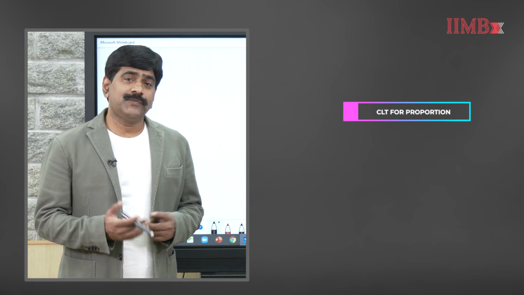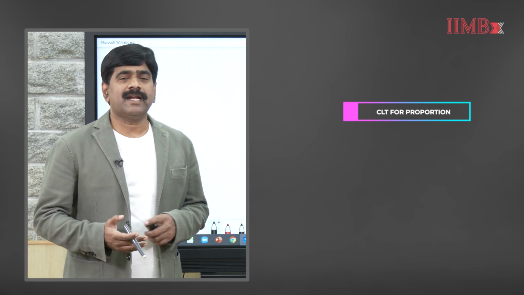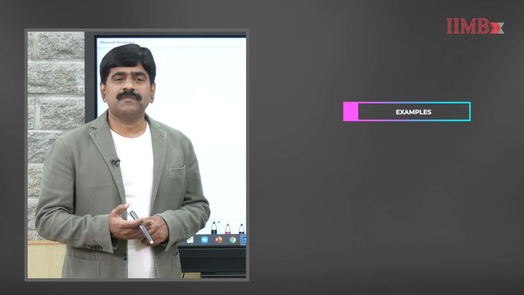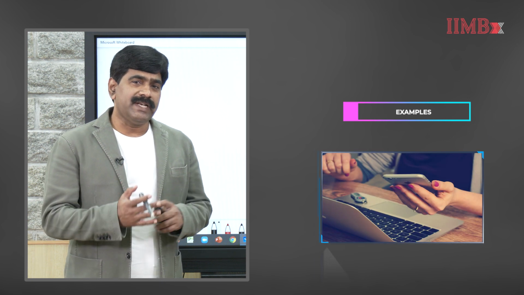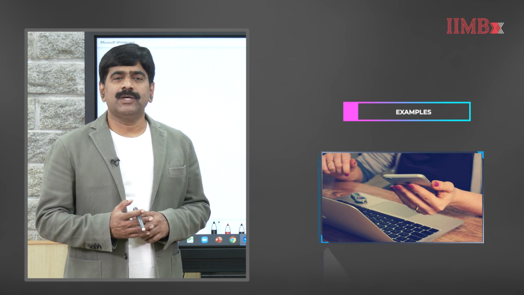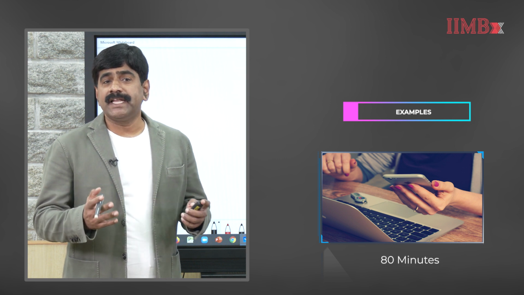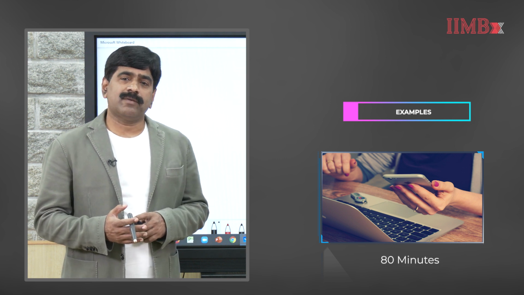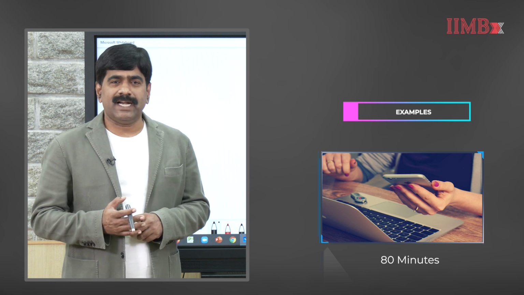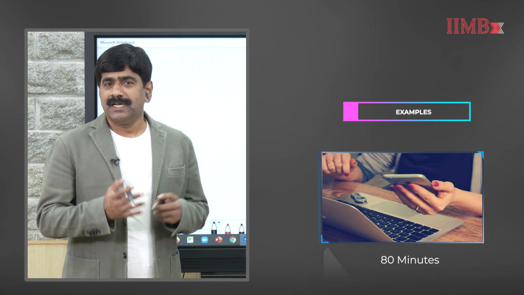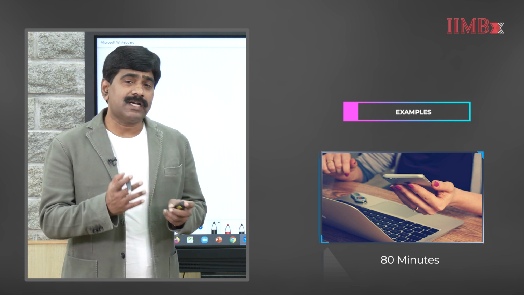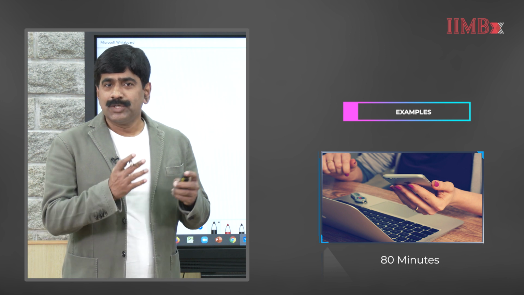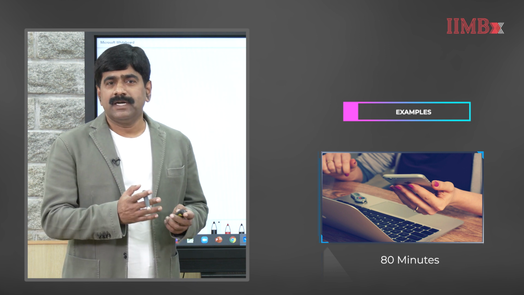Let us discuss few examples in which the central limit theorem is used. Let me start with the first example. It is believed that college students in Bangalore spend on average 80 minutes a day texting on their mobile phones with a corresponding standard deviation of 25 minutes. Data from a sample of 100 students has been collected to calculate the amount of time spent texting.